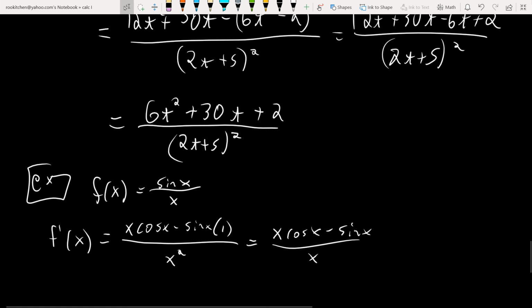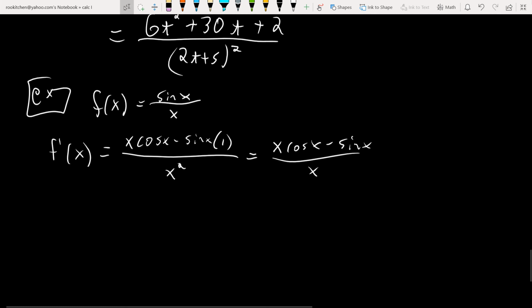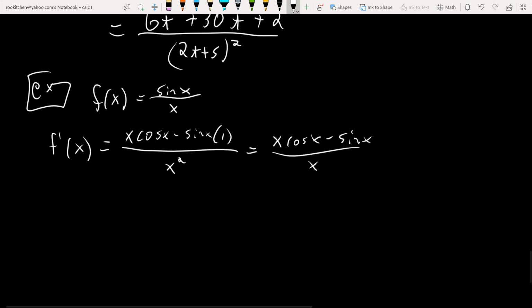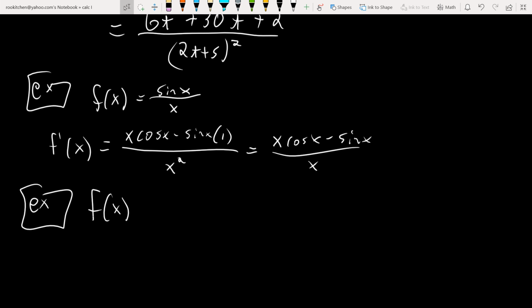They can make your life a living heck with these problems. Like the following example. It looks like it's a product times a difference, where one of the terms of the difference is a quotient. So you're thinking, oh no, I've got to do a product rule and a quotient rule.